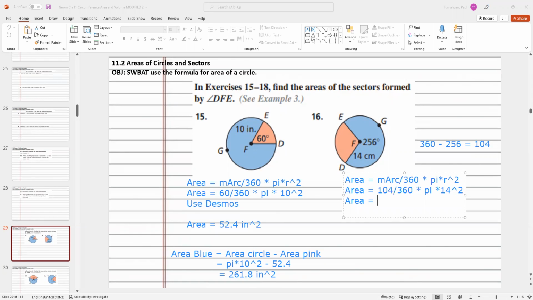Use the calculator: 104 divided by 360, put the cursor on the top, times pi times 14 squared, you get 177.9 centimeters squared. And that's it.